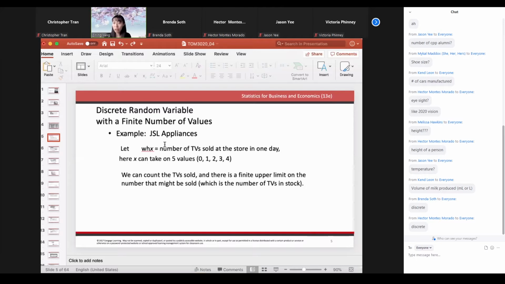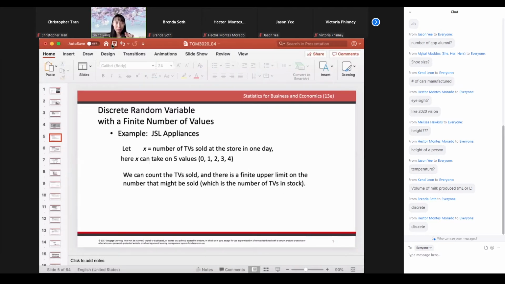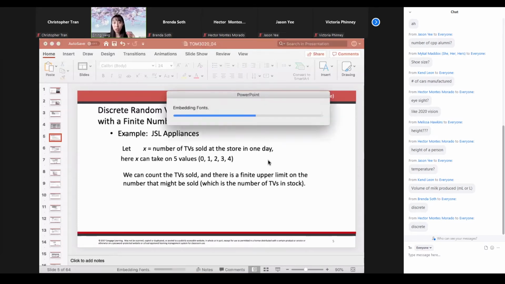So here, a typical example of a discrete random variable, right? Again, it measures how many. So we create the variable: let our random variable X be the number of TVs sold at the store in one day.